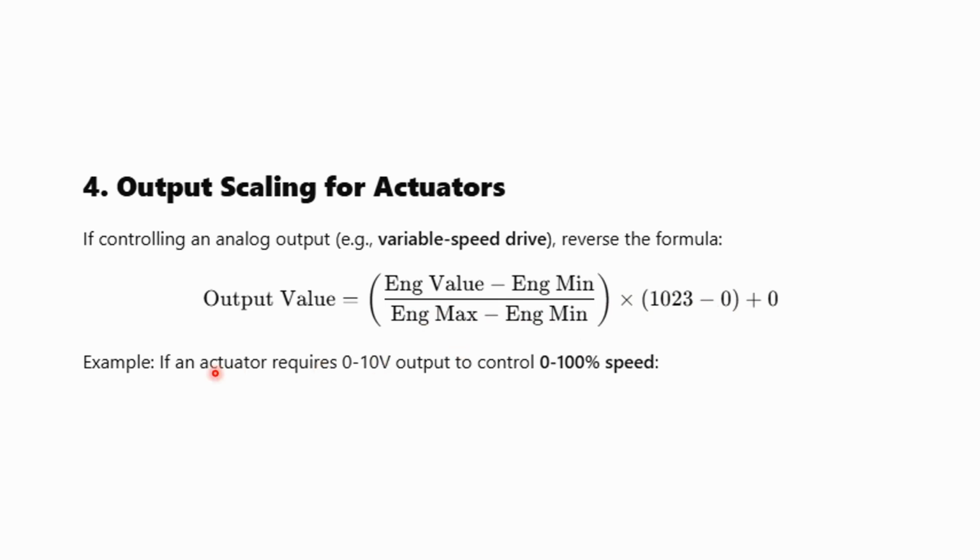For example, you might have an actuator that requires 0 to 10 volts output to control a motor between 0 and 100% speed through a drive.